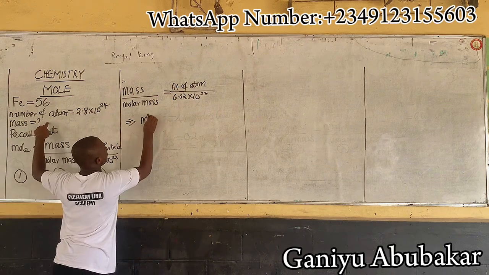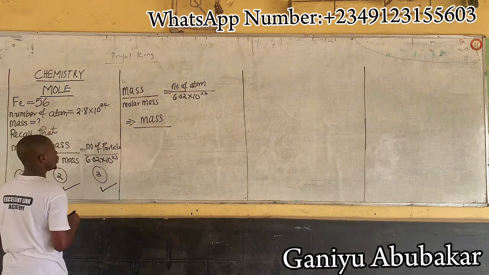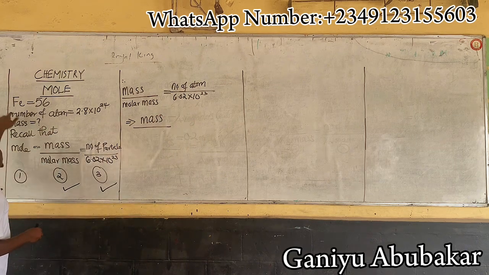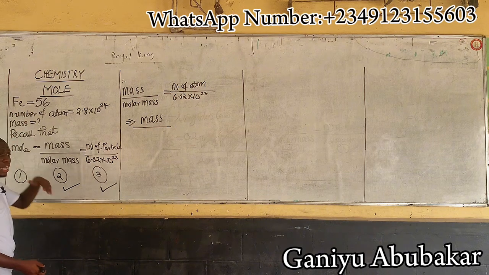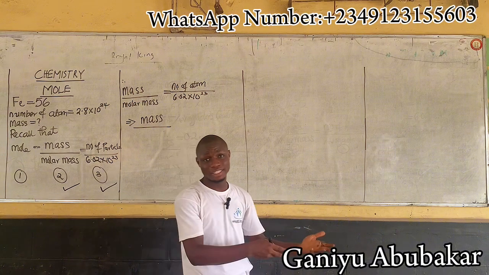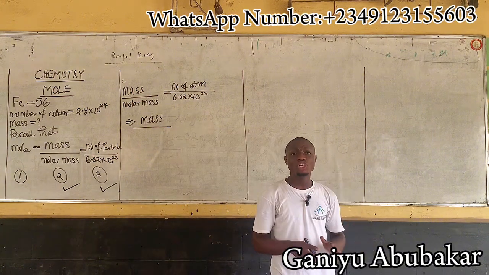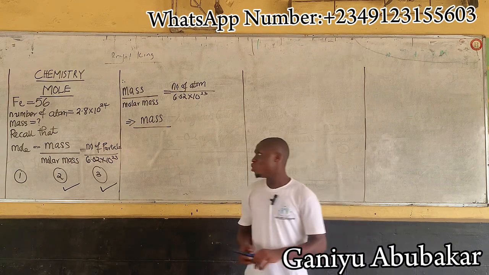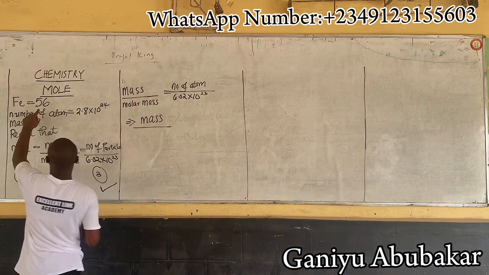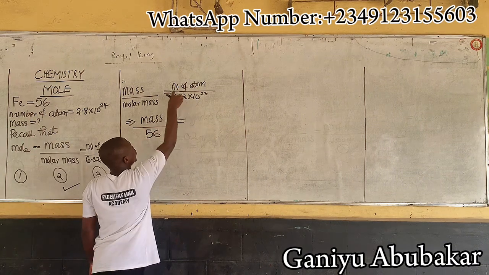So I have mass over molar mass. In this case, I'm just given iron with atomic mass 56. Iron is not a compound, it's just an element. As I said in our last class, for an element, the molar mass is equal to the mass of that element. What's the mass of Fe? That's 56.